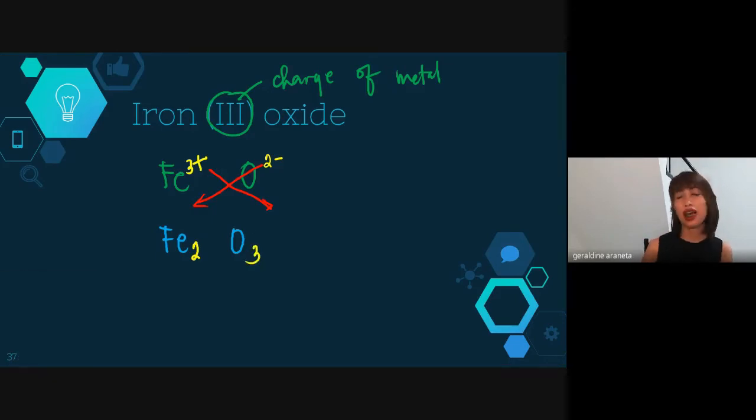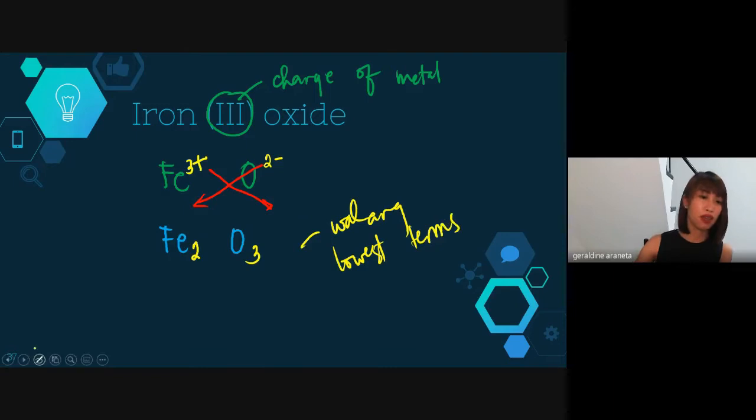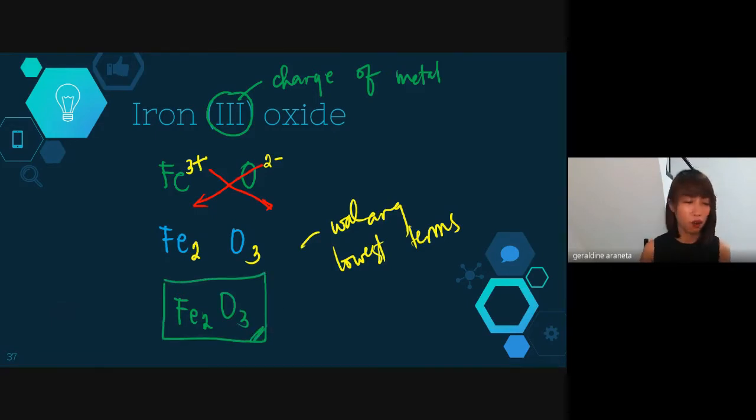Yung 3 na galing kay iron. Then, we reduce it to lowest term. So, since walang lowest terms, we have to write now the final formula, which is Fe2O3. This is iron 3 oxide. Nagets?